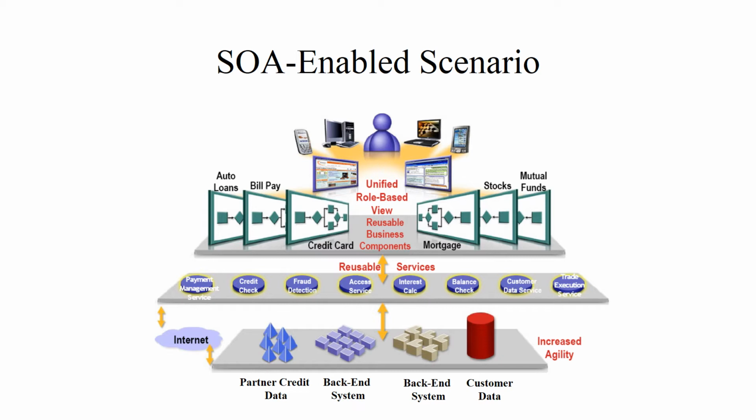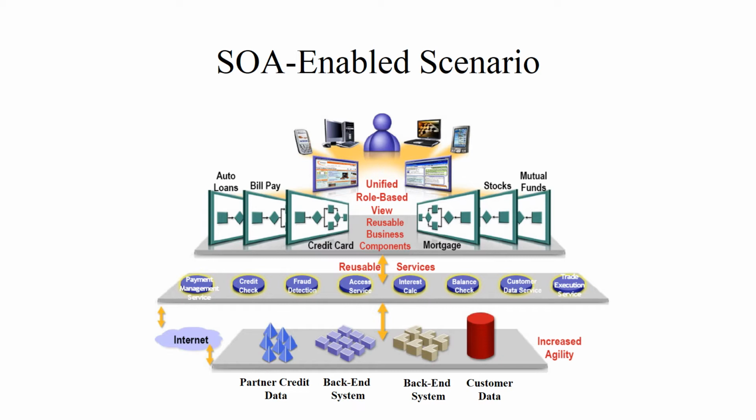There is a unified role-based view which has reusable business components such as auto loans, bill pay, credit card, mortgage, stocks, mutual funds, and many more. Whenever you access your online internet banking, whether it's SBI, PNB, HDFC, or Axis Bank, you see multiple options there. Those are the business components through which the user connects with their banks.